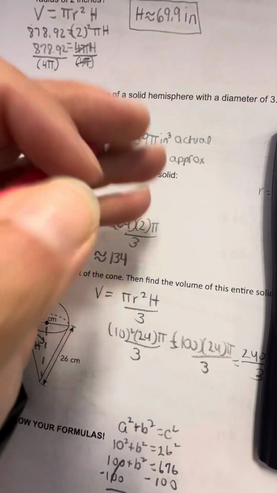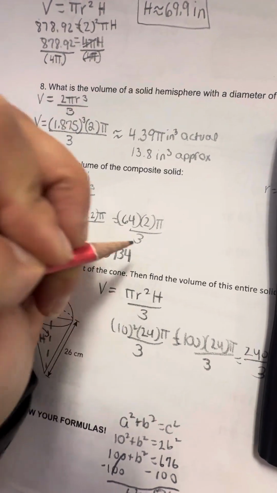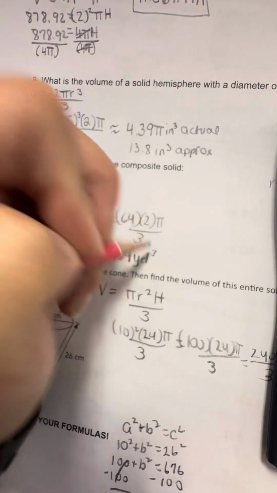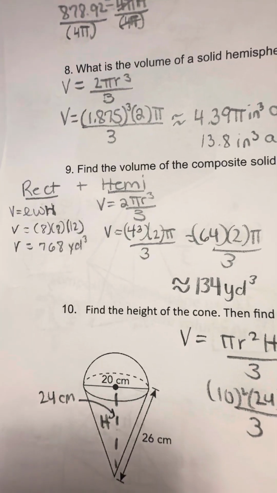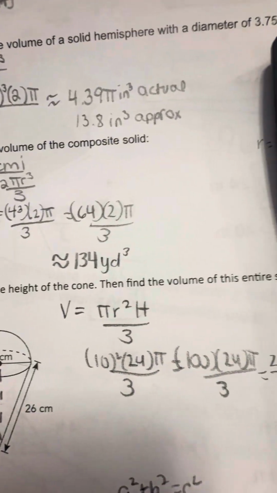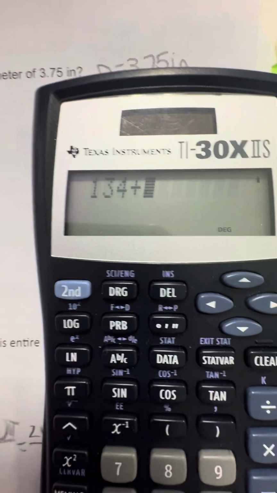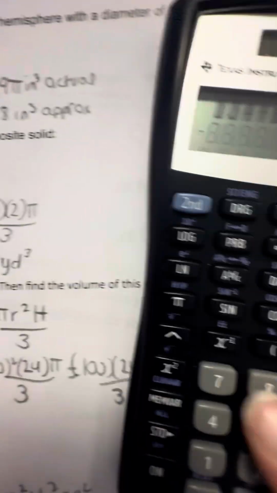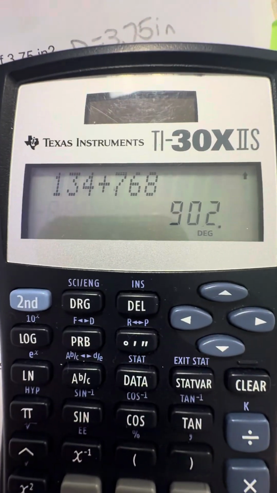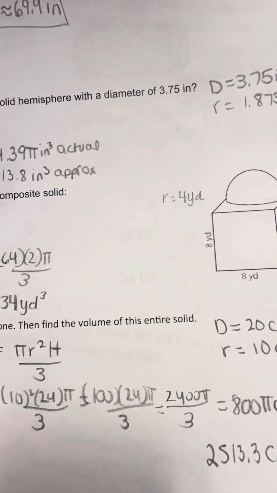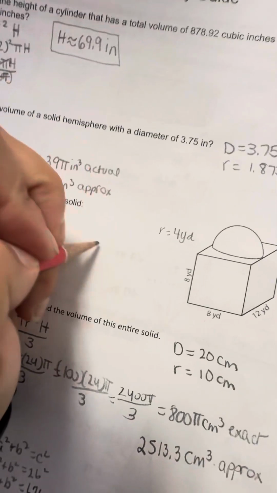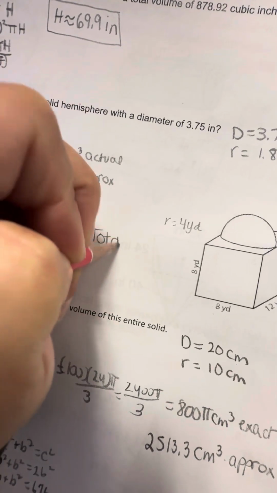So this is 134, and we are talking about yards in this one, so yards cubed. And because I have it on top of that rectangle, I'm going to take roughly 134 and add it to the answer we got from here, which is 768, which means it's approximately 902 yards cubed for the total volume of this object.